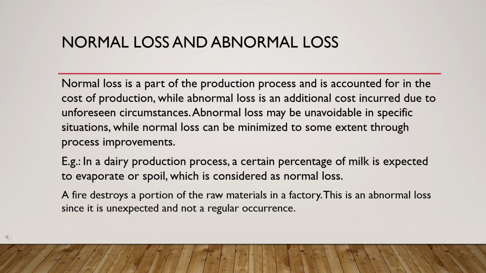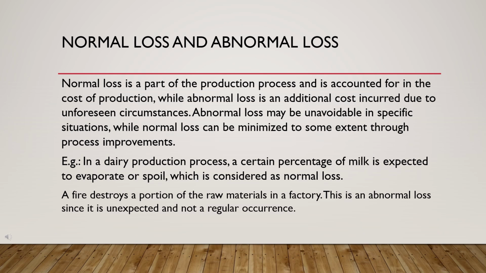Normal loss and abnormal loss. Normal loss is a part of the production process and it is accounted for in the cost of production, while abnormal loss is an additional cost incurred due to unforeseen circumstances. Abnormal loss may be unavoidable in specific situations, whereas normal loss can be minimized to some extent through process improvements.